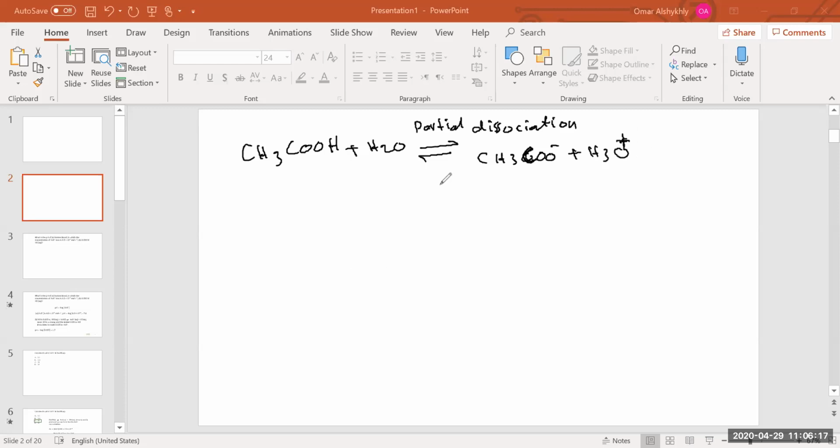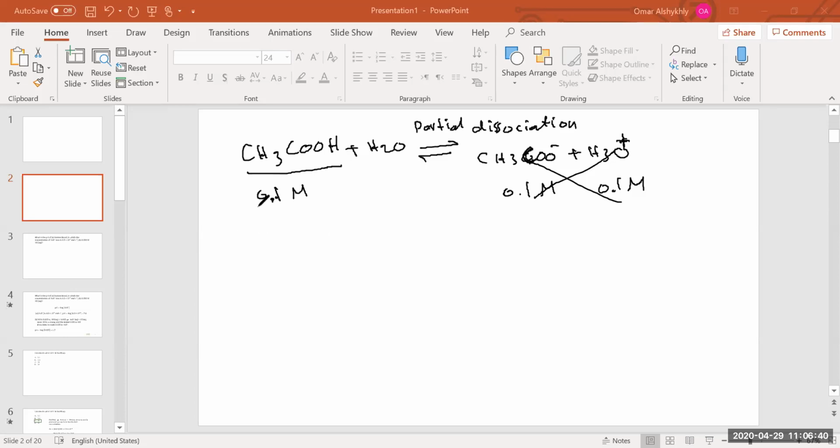In this situation, if I have 0.1 molar here, I cannot say here 0.1 molar, 0.1 molar. This is totally wrong. Why? Because just a little bit of the CH3COOH will dissociate. Just a little bit, not total.